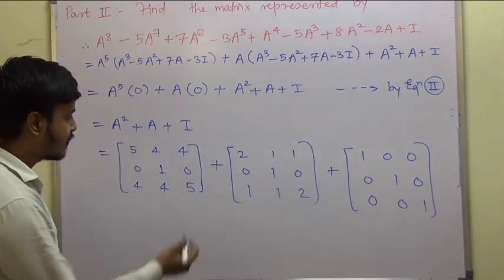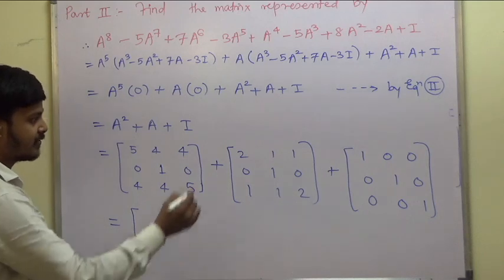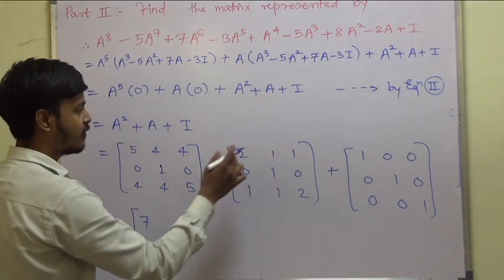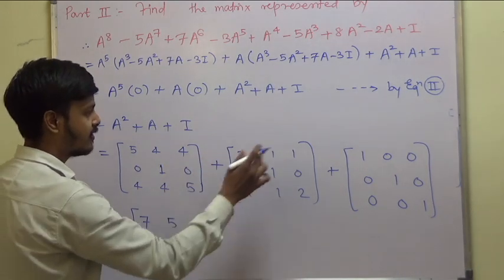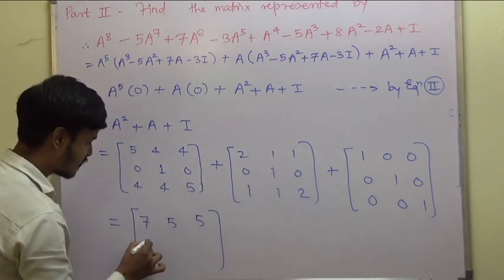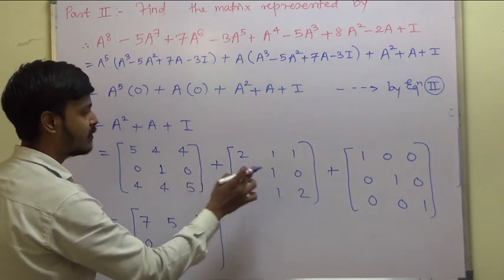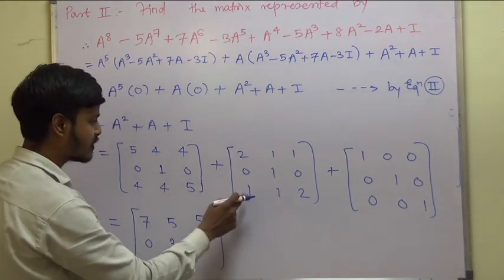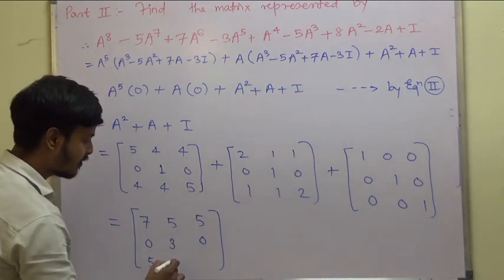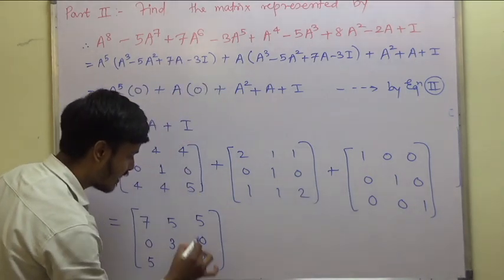Okay, so now you can calculate. So this comes out to be 5 plus 2 plus 1, that is 8; 4 plus 1, 5; 4 plus 1, 5. Next 0 0 0, so 0 1 1 1 3 0 0 0, then 4 plus 1, 5; 4 plus 1, 5; 5 plus 2 plus 1, that is 8.